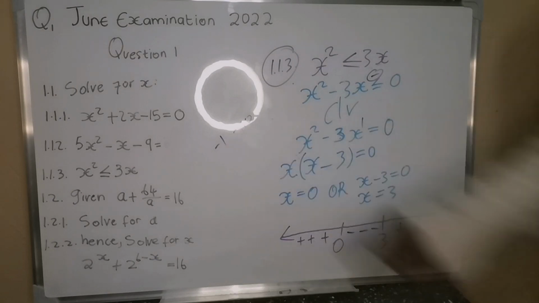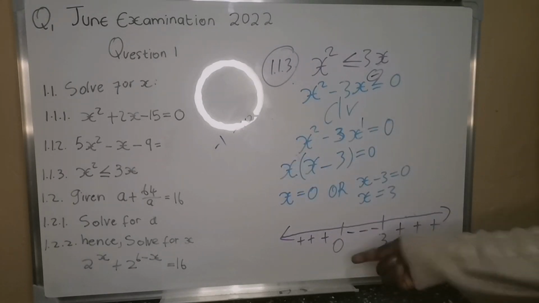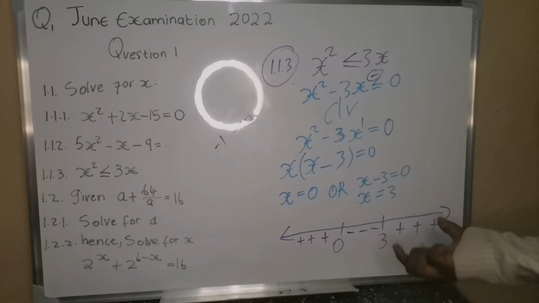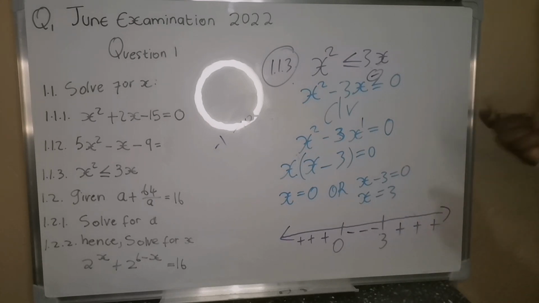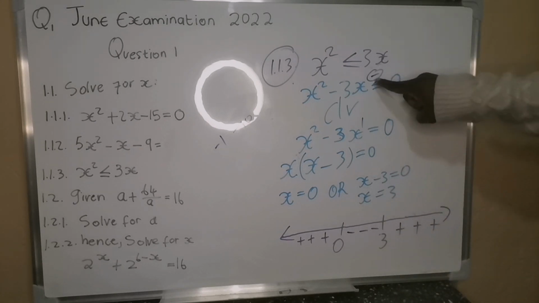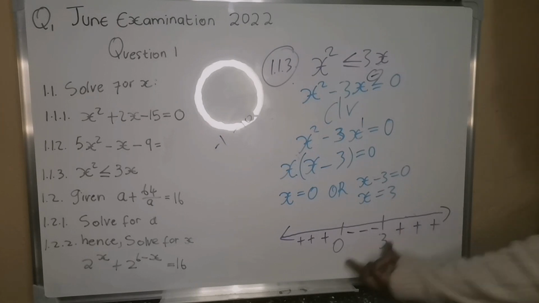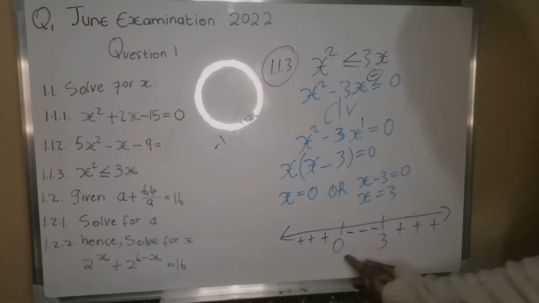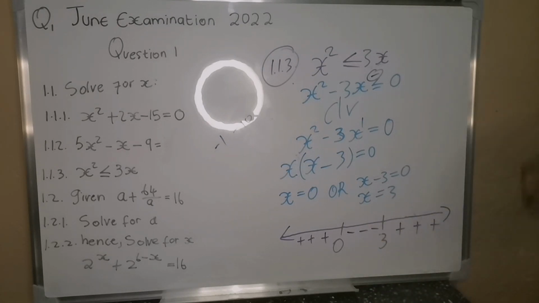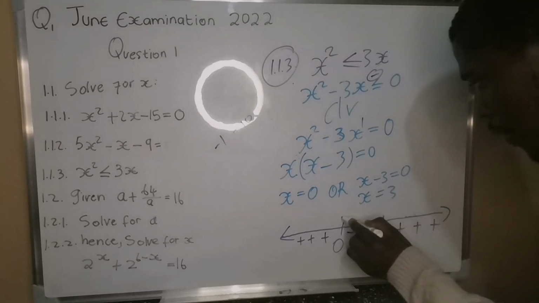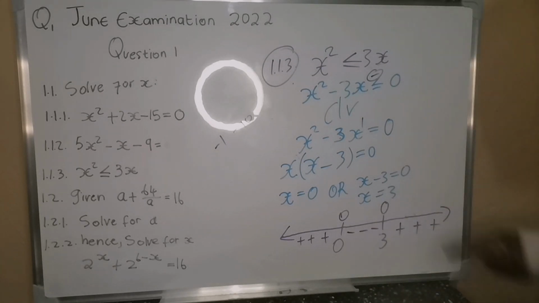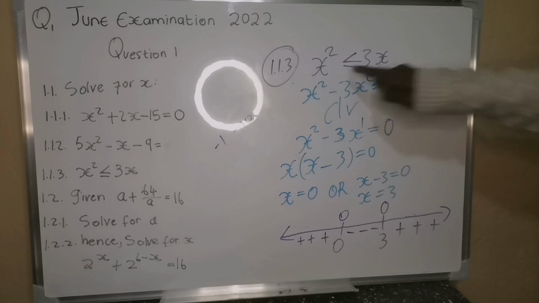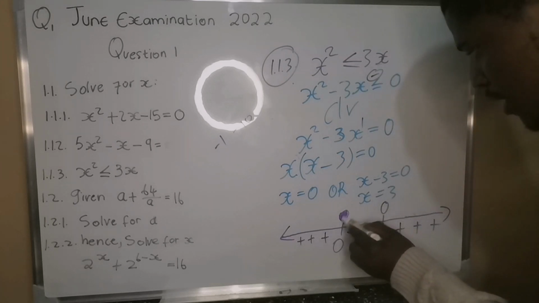We need these values. From our number line, between which interval do you find negative values? Between 0 and 3. That's where you find our negatives. Therefore, you draw our dots there, but because we have an equal sign here, you shade them.